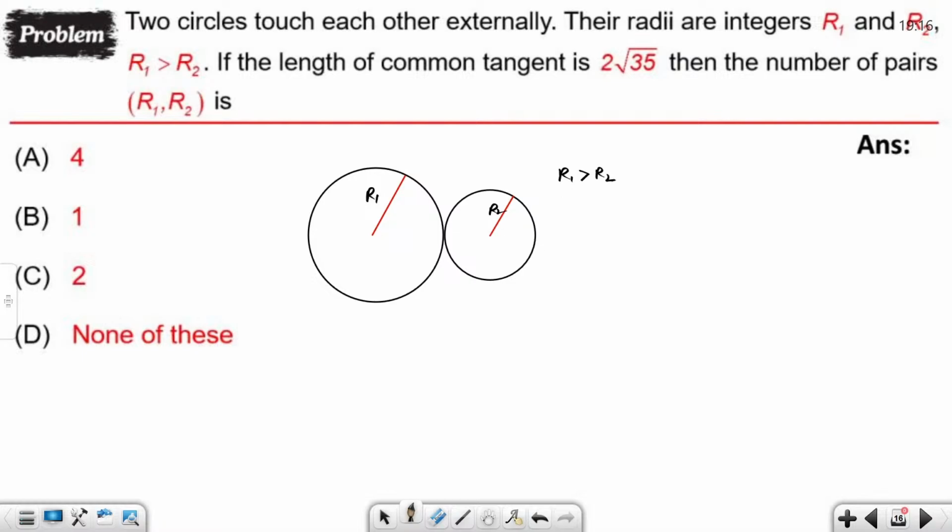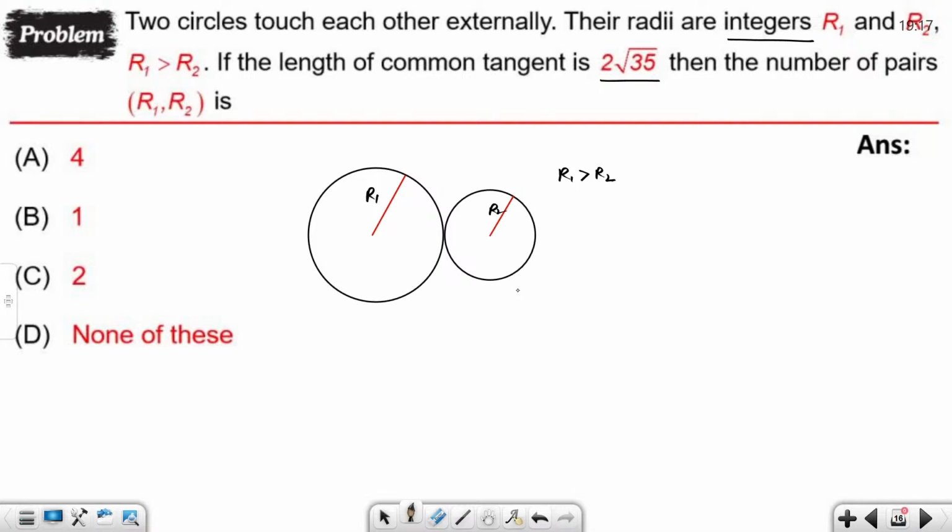Now, they have already said that R1 and R2 are the radii which are integers. Okay. Now in this question they have said that the length of the common tangent is 2 root 35. Now you have to understand one thing here.